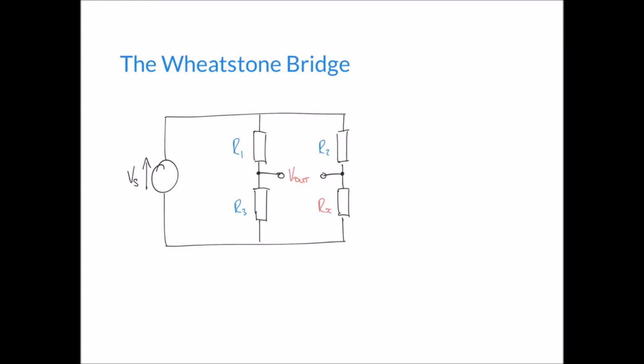One other thing worth mentioning is these resistors might not be notated in the same order as I've done here, but the principle is the same no matter which resistors are R1 or Rx, that kind of thing. So we're going to try, first of all, to understand how we can balance this circuit, like we talked about before, and how balancing the circuit will help us find Rx.